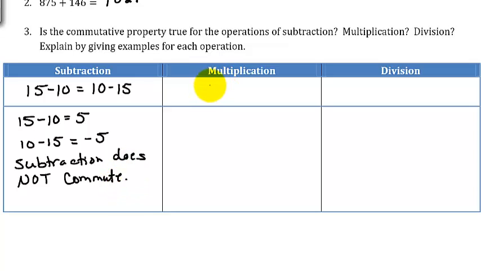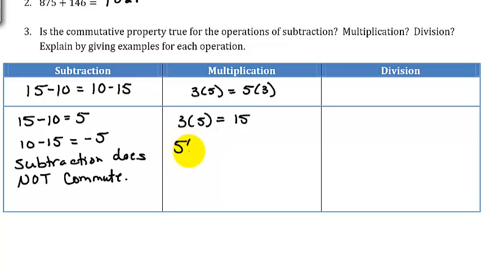What about multiplication? We can use the same two numbers, or we can come up with some different numbers. So let's say we did 3 times 5. Is this the same as 5 times 3? Well, when we do 3 times 5, we get 15, and you can check that on your calculators.